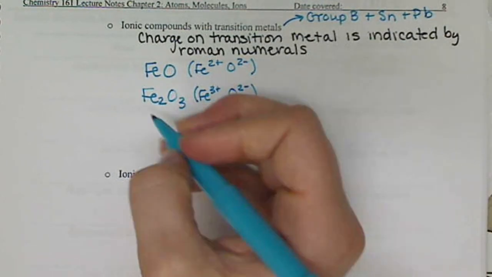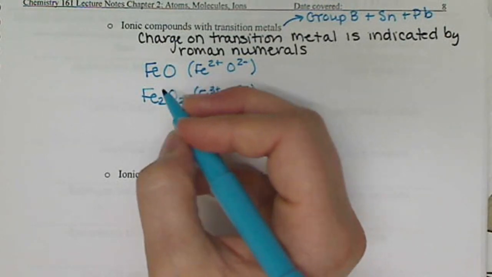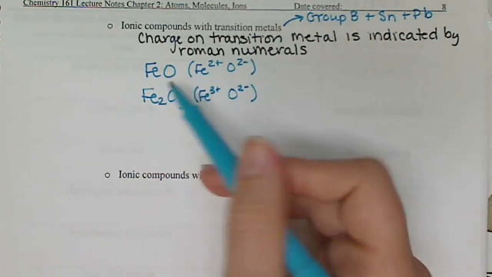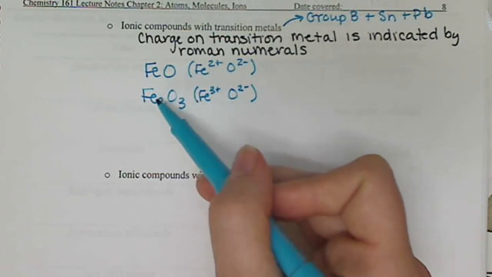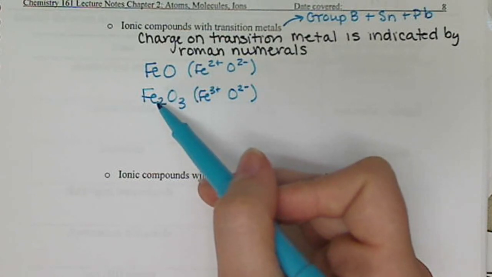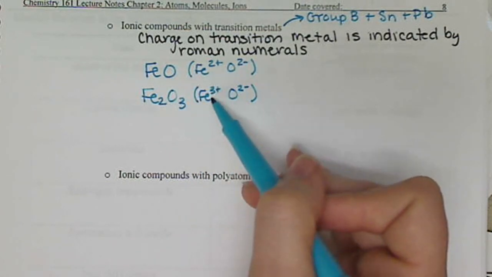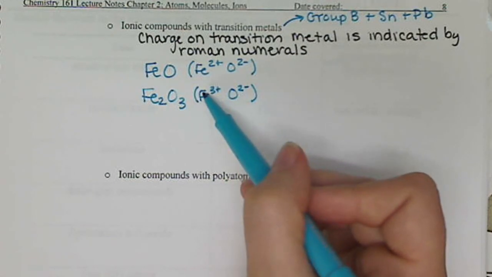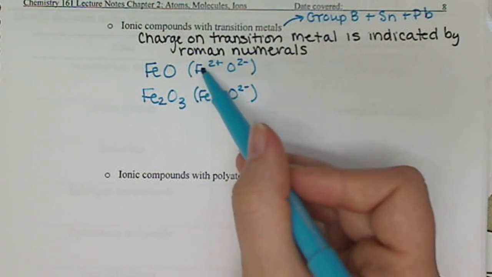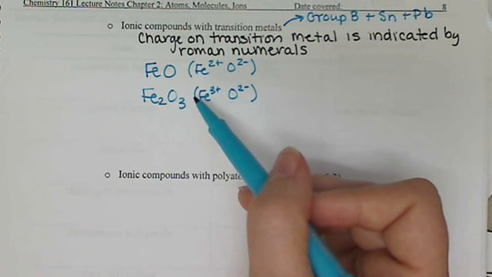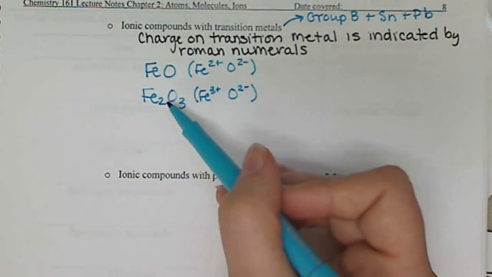If we followed our rules from just before with regular ionic compounds, we'd call this iron oxide, and we'd call this iron oxide. But they come from two different ions, so the chemistry here is completely different. So we need to reflect that these are two different types of irons in these compounds.